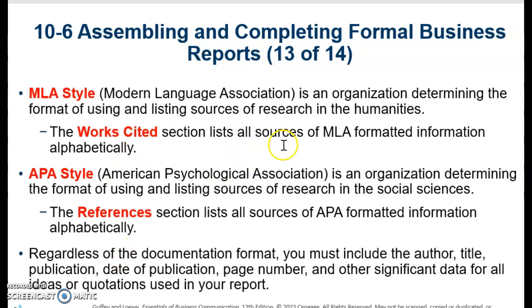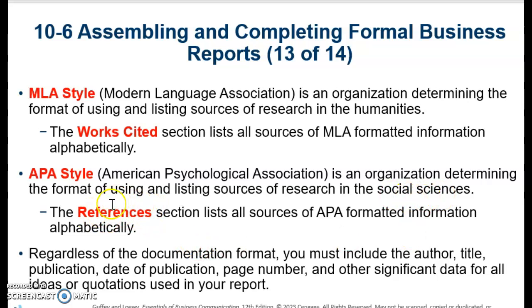The MLA we talked about is one way that you can list sources. This is usually used in humanities. The works cited section is going to list all your sources that are formatted through MLA. APA is another way to format and list sources, and this is used in social sciences.